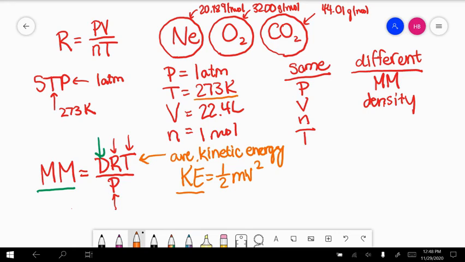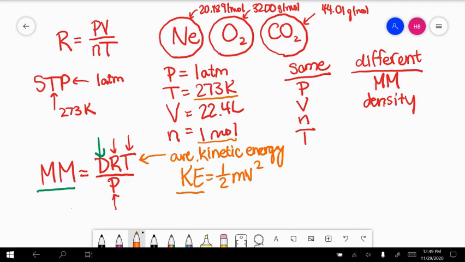We have 1 mole of each of these gases in this example, so the mass of these samples is going to be different. So if kinetic energy is the same because temperature is the same, that means that something else has to be different besides the mass. In this case, it is the velocity.